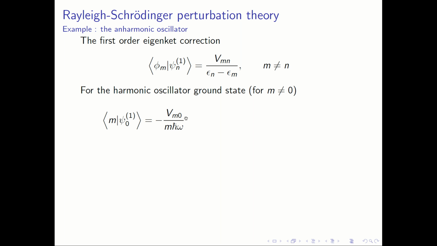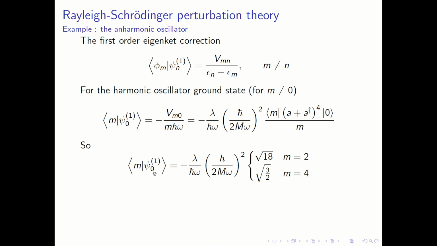So this is essentially similar to the calculation we did a while ago, except that there you had Vm0 mod square in the numerator. So this is what you are going to get, and what we need is this particular matrix element which we actually have already calculated.